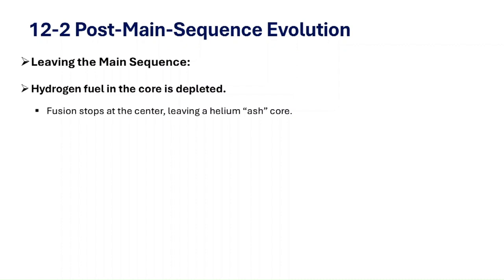So, you can think of it like the embers left at the center of a campfire once the fire has burned through the wood. Now, at this point, the temperature of the helium core is still too low for helium to fuse into heavier elements. So, even though there's fuel there, the star cannot use it yet. The core is essentially inert, but it's about to change.